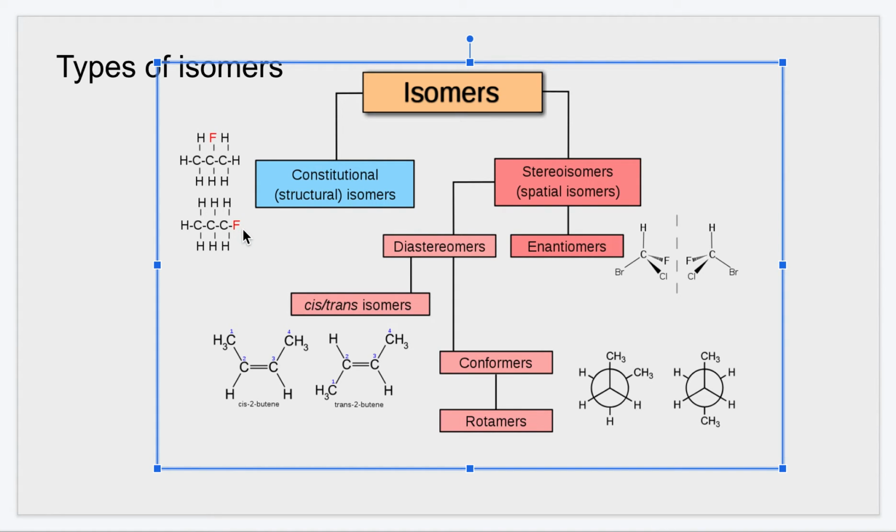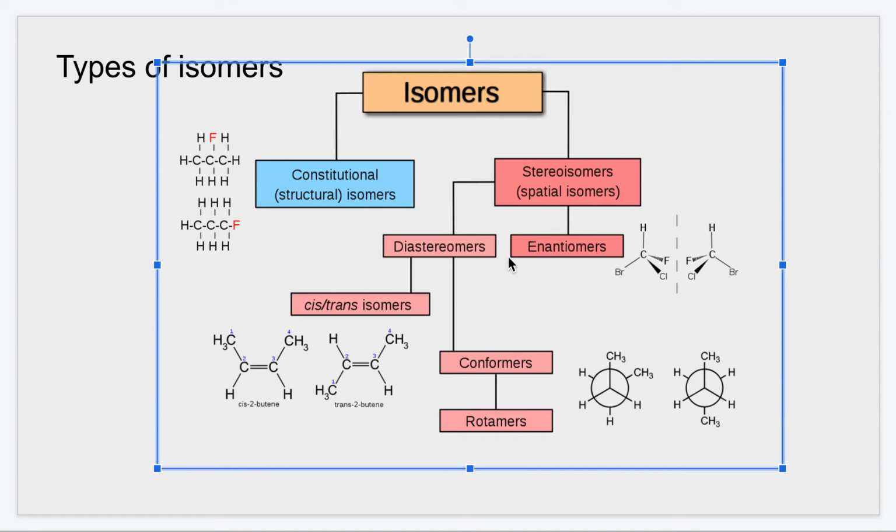It does have the same number of atoms and everything. It is an isomer. It just has a different positioning of an atom. So there can be multiple ways that you arrange these atoms to make a different type of constitutional isomer. Anyway, that's pretty self-explanatory.